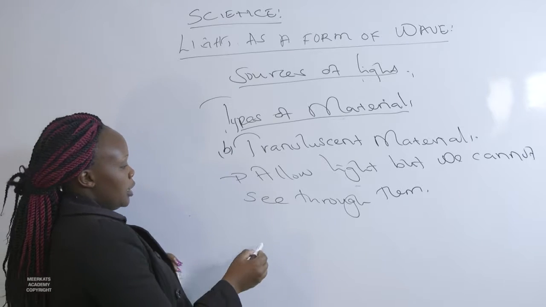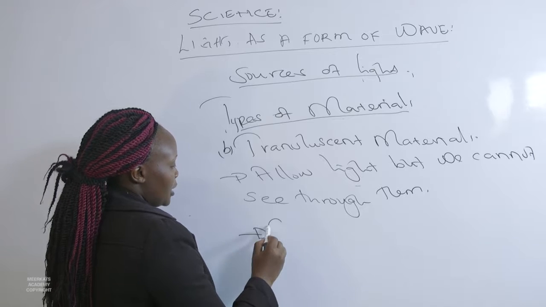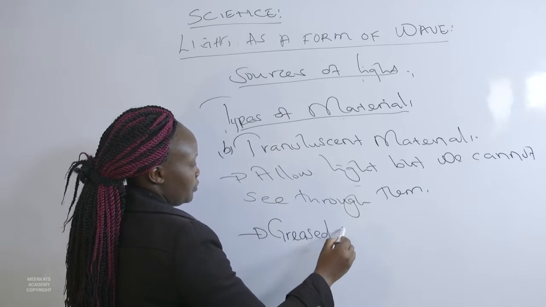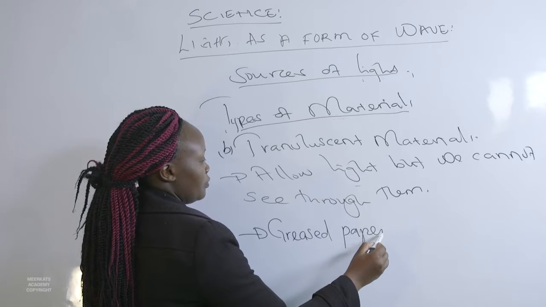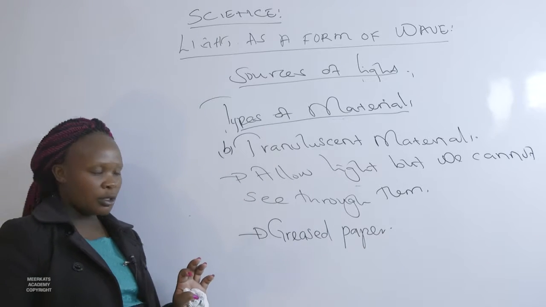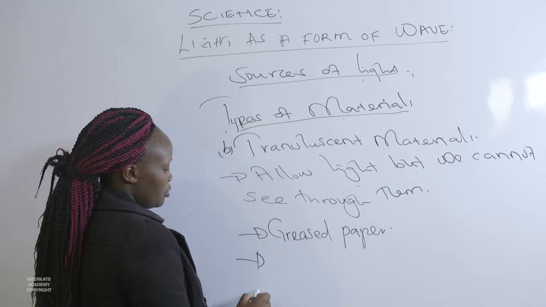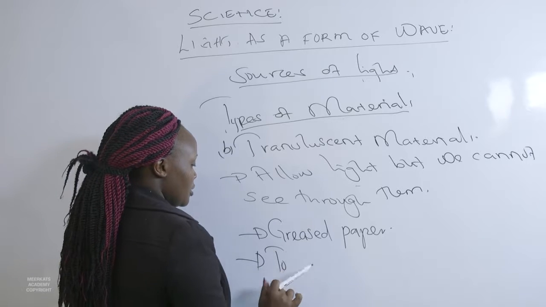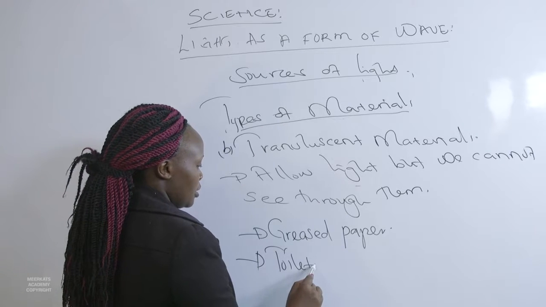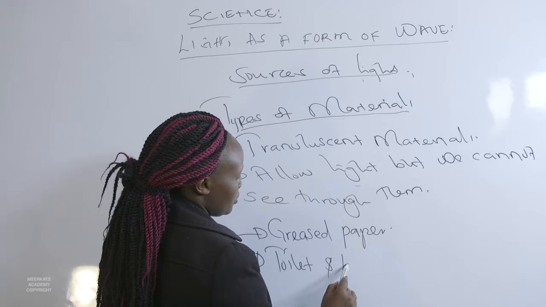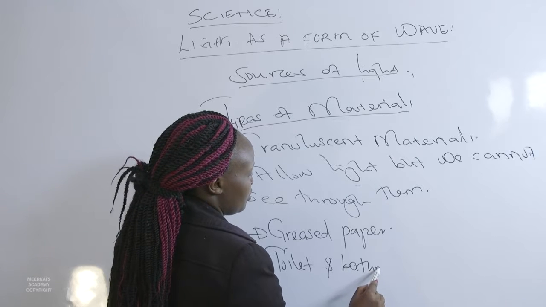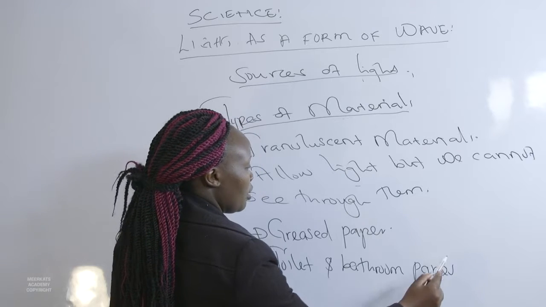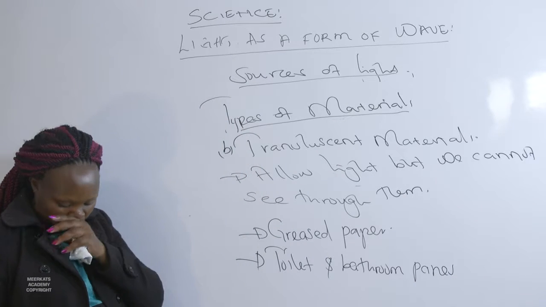For example, if you have a greased paper, okay, you could talk about other panes that you use in toilets and bathrooms. Panes. By the way, these ones are not too many.